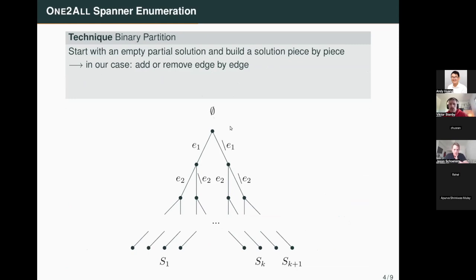It's a binary partition, which means that every time you have two choices: either you add an edge, say edge E1, to your partial spanner, or you remove it from the graph. Then you repeat with another edge, E2, and then you continue with E3, etc., until you've gone over all the edges of the graph. And then at the bottom of this binary partition tree, you have solutions, or in our case, spanners.